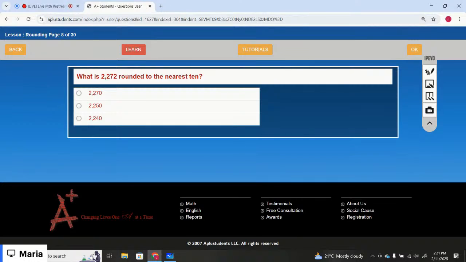What is 2272 rounded to the nearest 10? Which is the correct option?